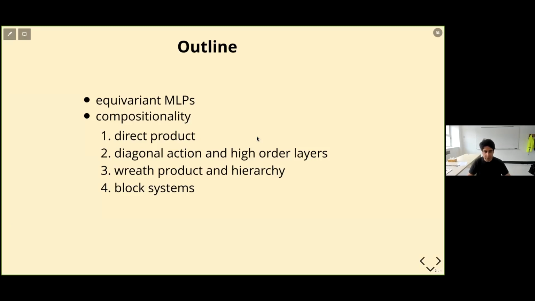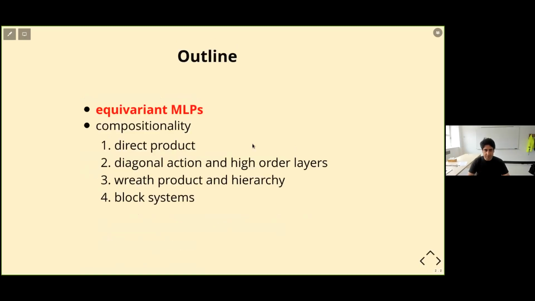One is the direct product, and then I look at diagonal action of the groups and their utility in getting universal layers. Then I'll look at the wreath product and its application to building models for hierarchical structures. And finally, I'll talk about block systems. That's a generalization of some of the other types of composition.